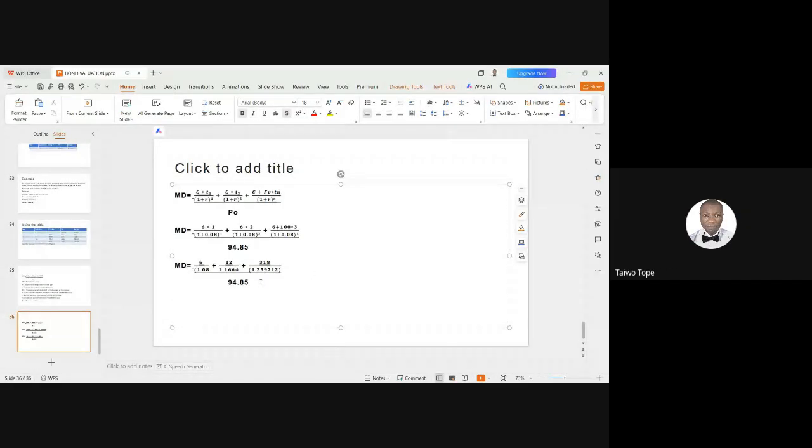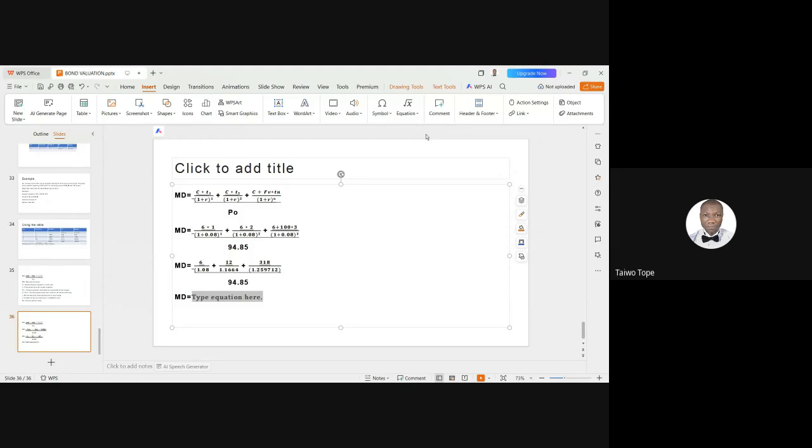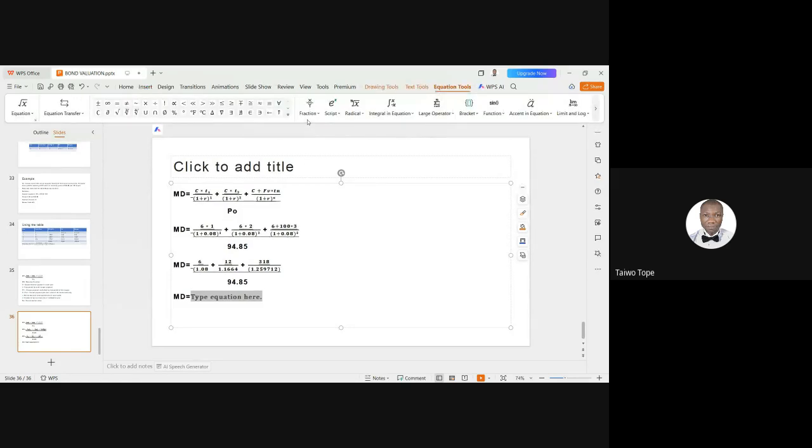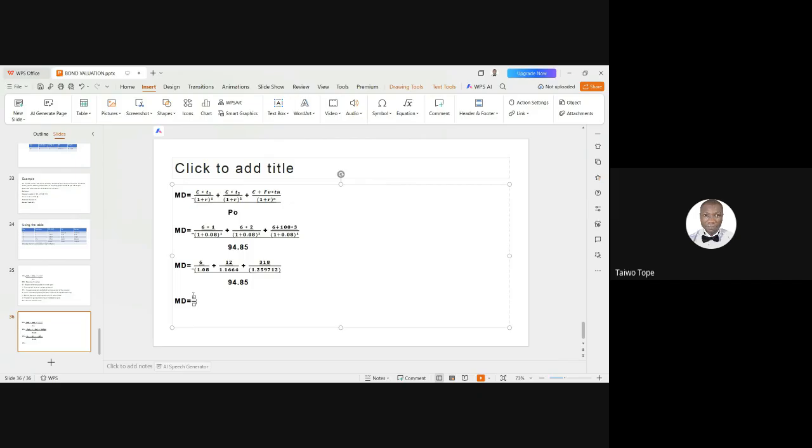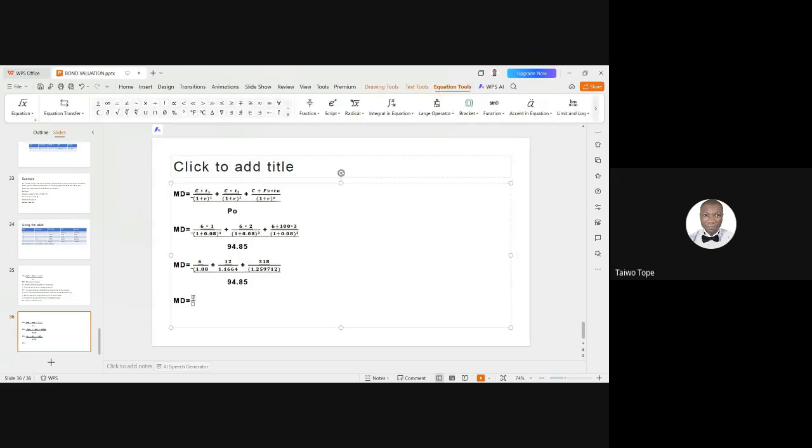So you have it as MD will be equal to 5.56 plus what?